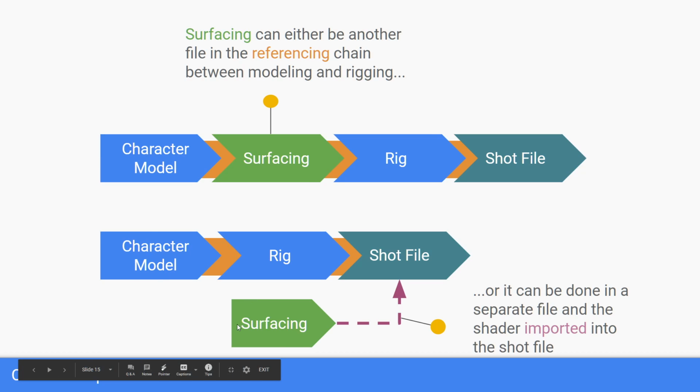So you take the character model and you bring it into the surfacing file, and then you just import that later into it. And I'm saying import, not referenced, just because with shaders, referencing with shaders with RenderMan is a little tricky, but I think this workflow is a lot more freeform to what works for your team. Some people also just do the surfacing in the modeling file. I don't recommend that. I think that's kind of messy, but whatever works for your team.